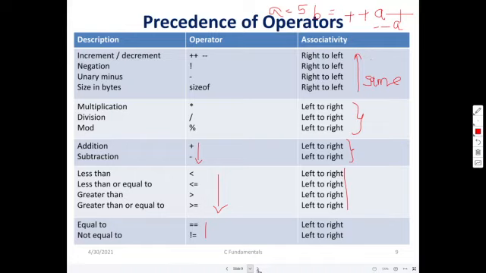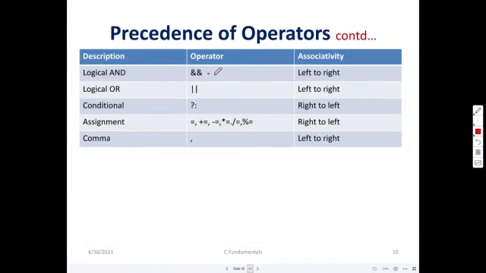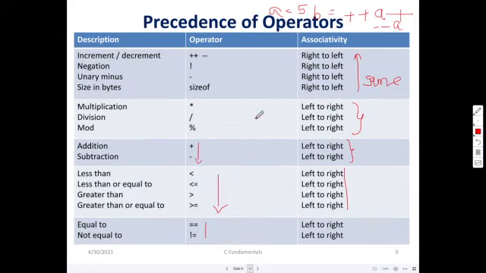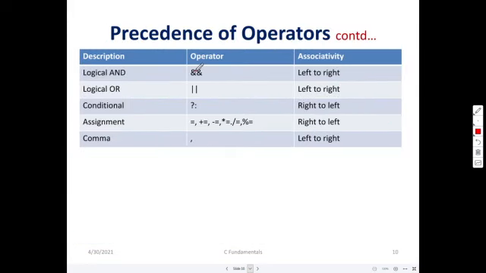Okay, next logic, this is higher, that is level 1, 2, 3, 4, 5 and 6th precedence level is logical AND, 7th precedence level is logical OR, 8th precedence level is conditional operator. I will be introducing this in the second chapter. Okay, and all these assignment operators have the last priority, and it is right to left.